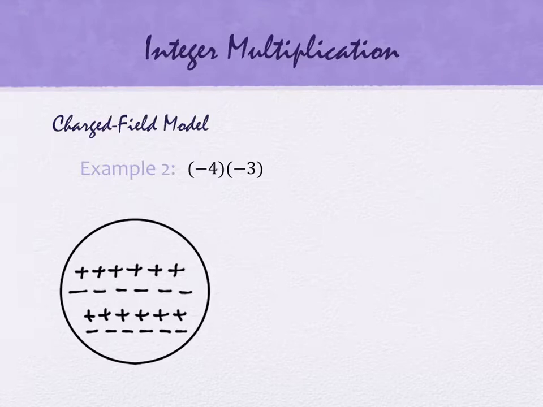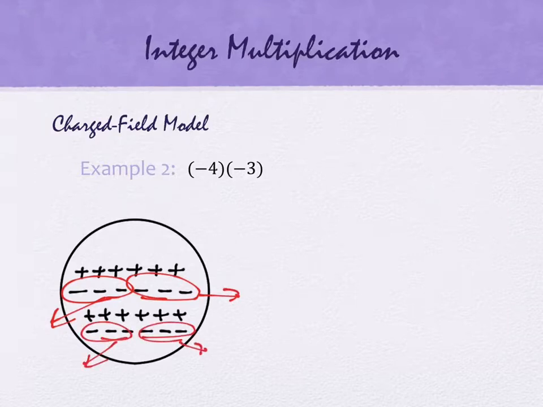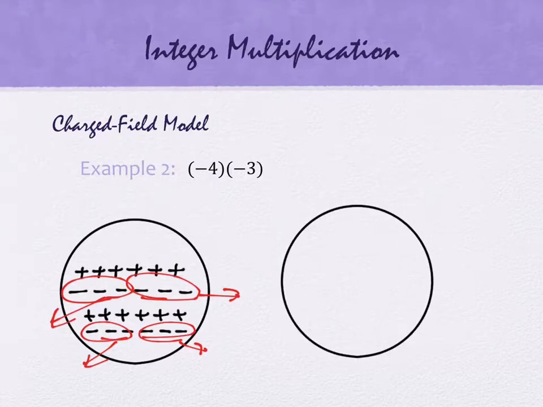And we can remove sets of three negatives, specifically 4 sets of 3 negatives, which leaves me with 12 positives.